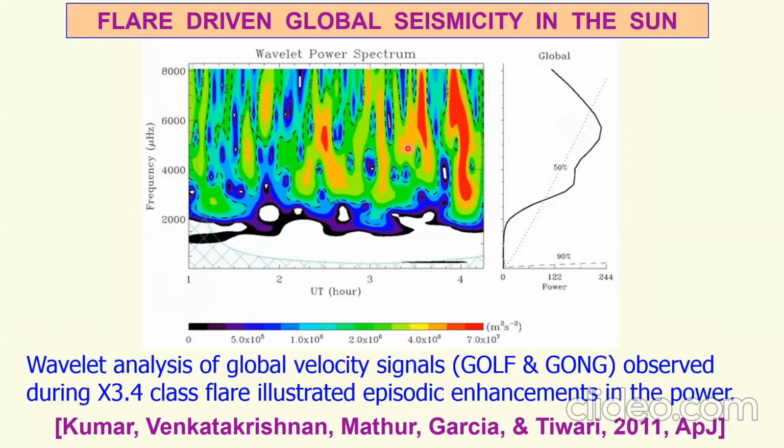So this gives information that the global modes are also excited just after the flare. And this plot is derived from the same wavelet power spectrum. In the global power spectrum, one can see here the enhancement of power in these two frequency regimes, high frequency, and this is the P mode regime.